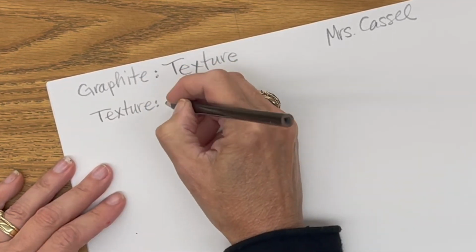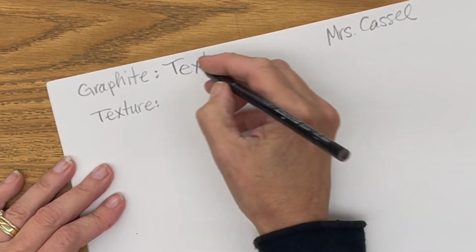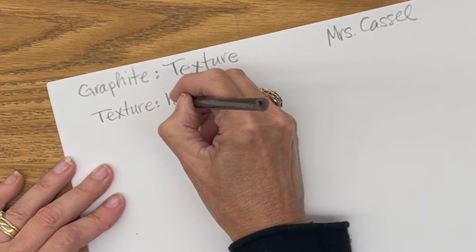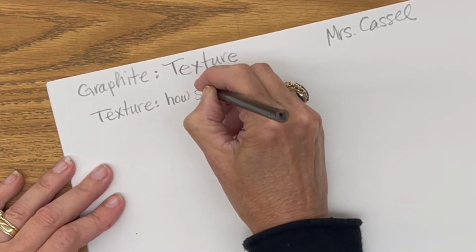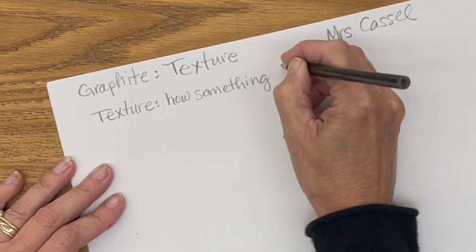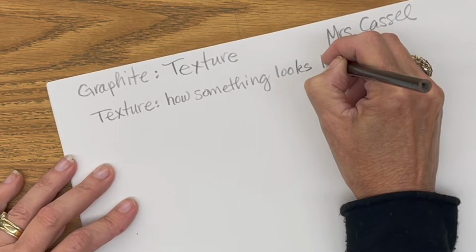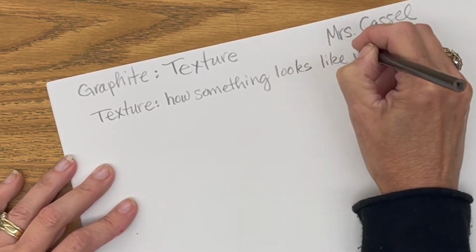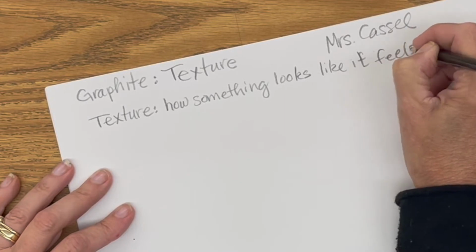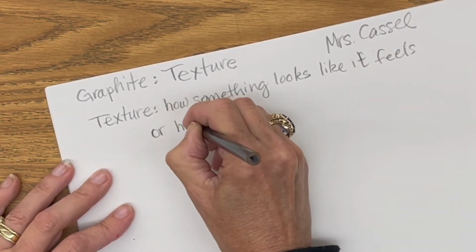is how something looks or feels. How something looks like it feels, or how it actually feels.